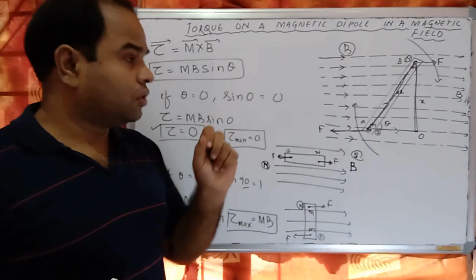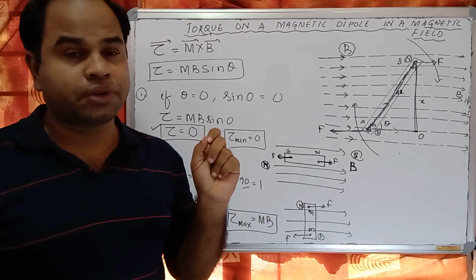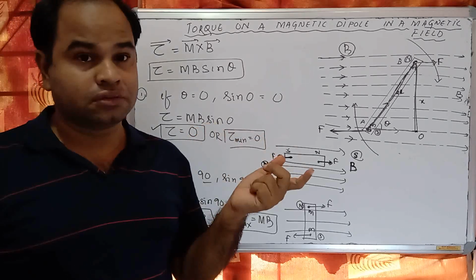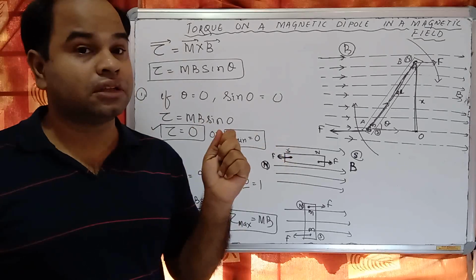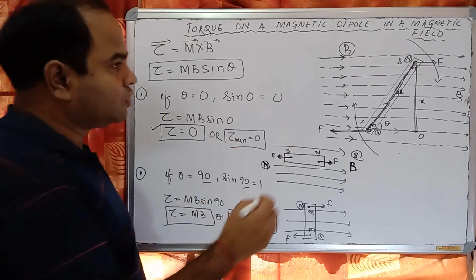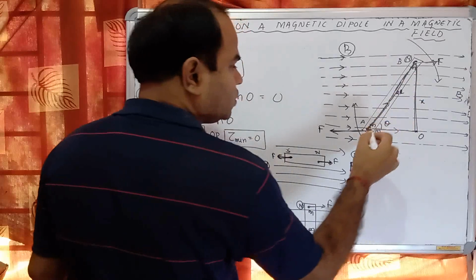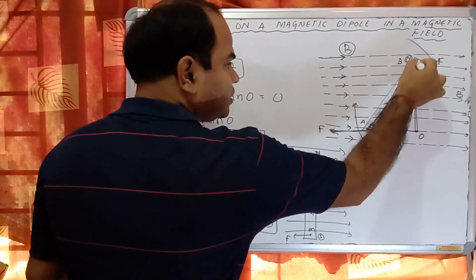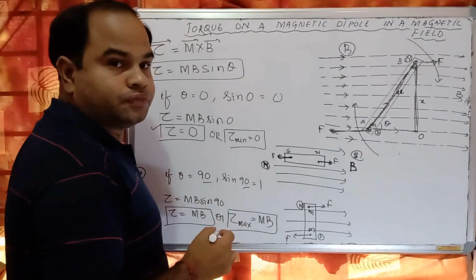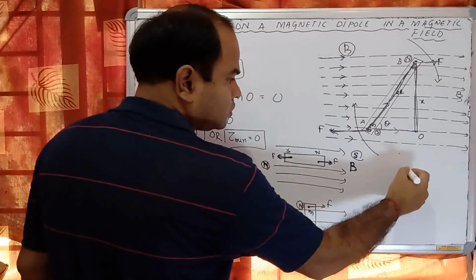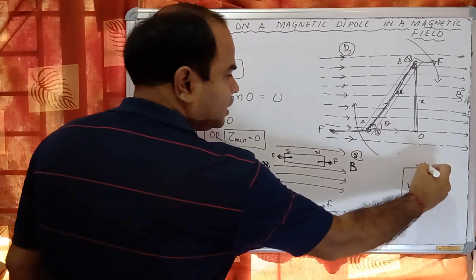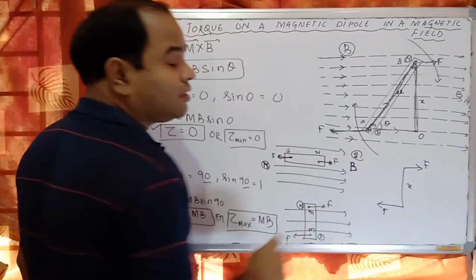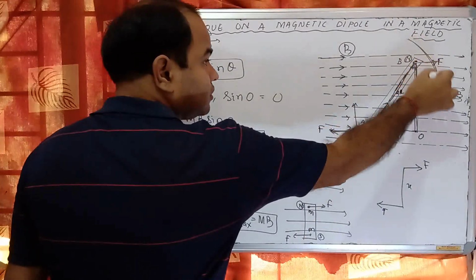Two equal and opposite forces separated by a small distance form a couple. The couple will try to rotate the object. Here two equal and opposite forces are acting, and this is the distance x, and due to this the bar magnet will rotate.